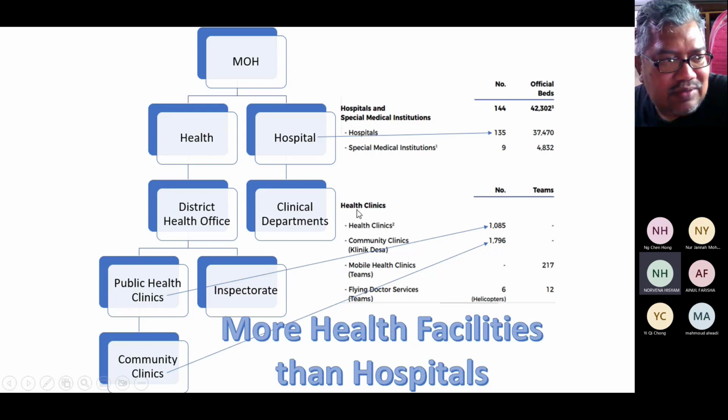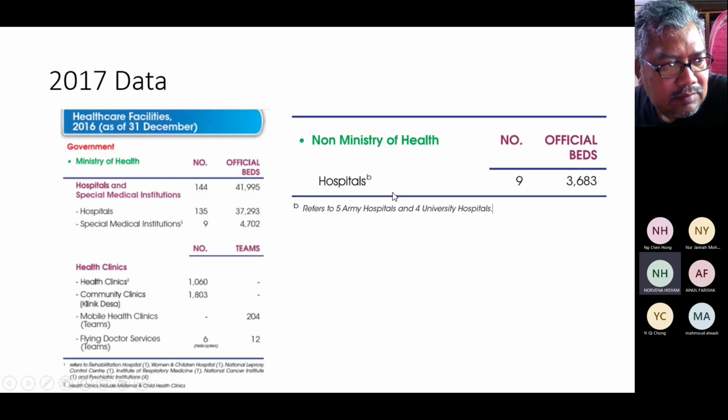I did look around and found some much more recent data. In 2017, we have 144 hospitals, 135 of them general hospitals and 9 of them specialist medical institutions.